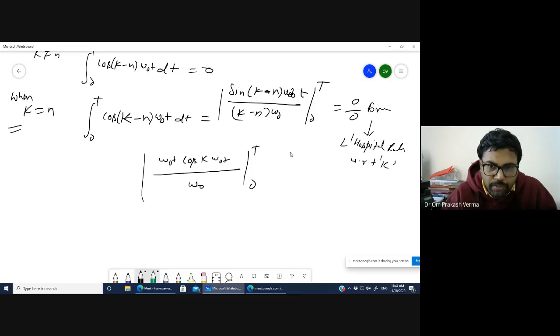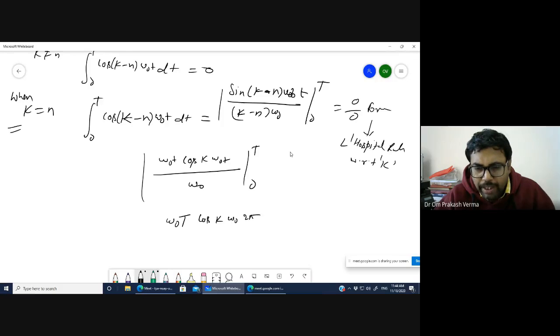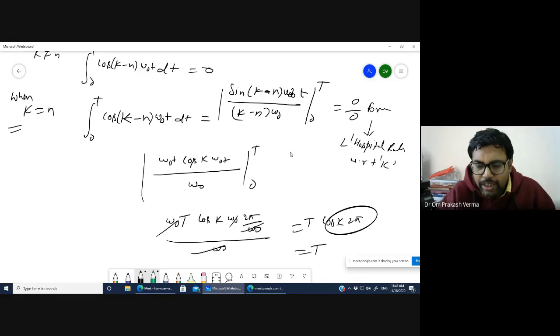But when you put 0 and T, so if you put T here, this becomes omega naught T cos(k omega naught times 2 pi by omega naught), right? Omega naught cancels, it gives T cos(k 2 pi), and this value is 1, so it gives T, right?